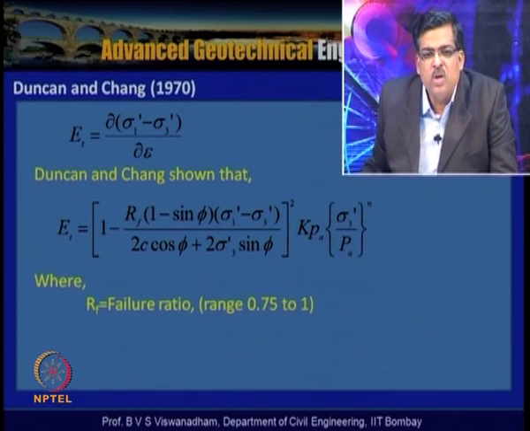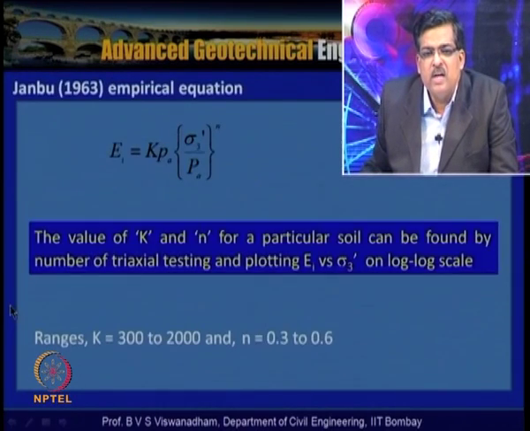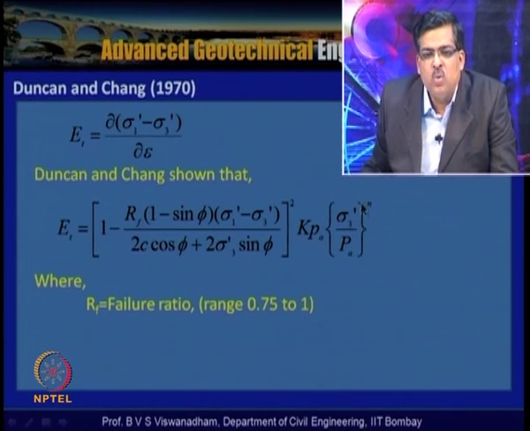So if you look into this, Duncan and Chang actually modified the Janbu 1963 empirical equation, wherein they added this particular term, which is [1 minus Rf into (1 minus sin phi) (sigma 1 minus sigma 3 dash) by (2c cos phi plus 2 sigma 3 sin phi)] whole square.